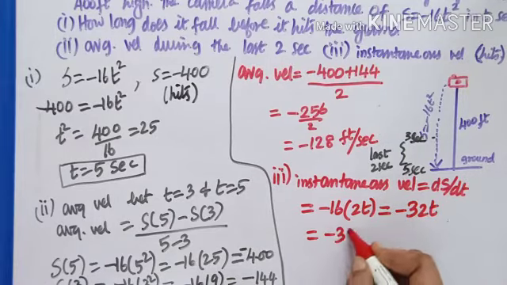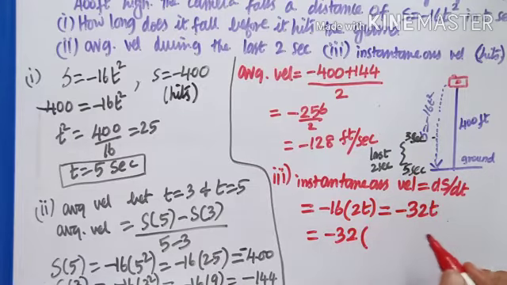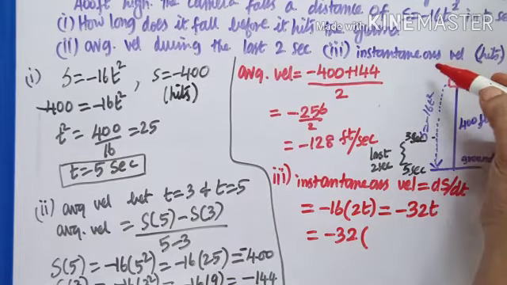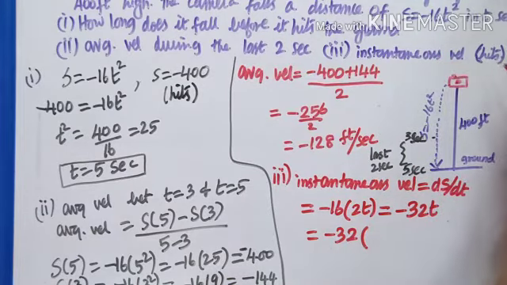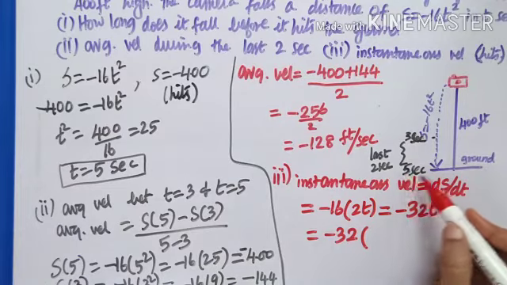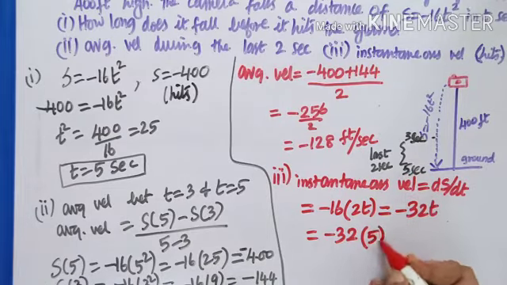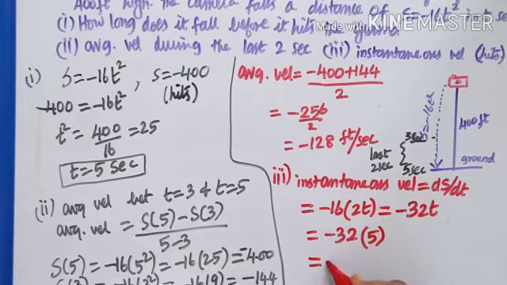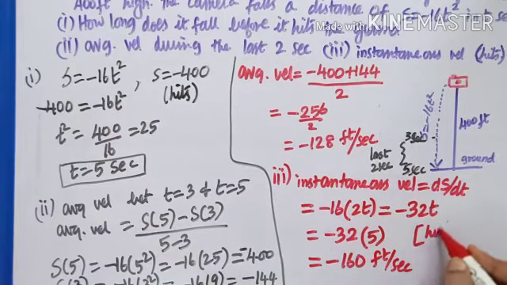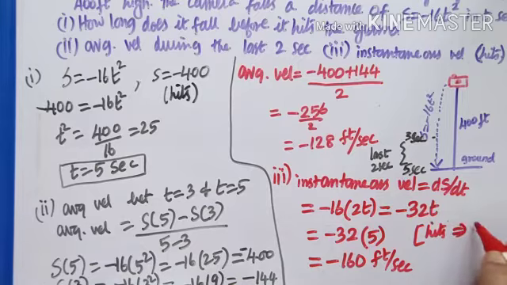That is minus 32 into, my question is instantaneous velocity when it hits the ground. Hitting the ground at 5 seconds. So put t equal to 5 and whatever answer we get, let us write it. Again the units are feet per second. So here we say hits the ground implies time is 5 seconds. So put t equal to 5 and get the answer.